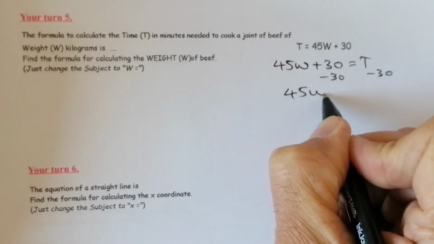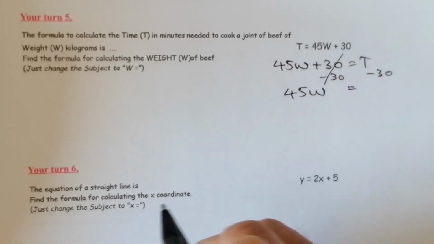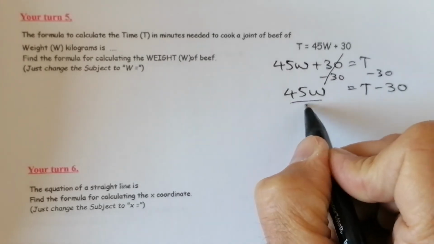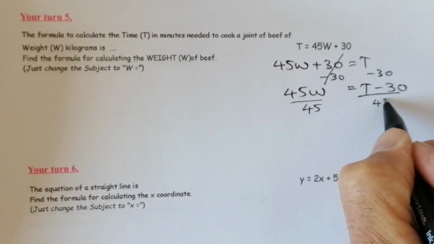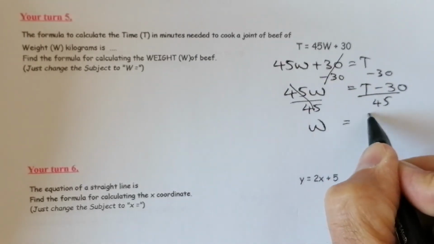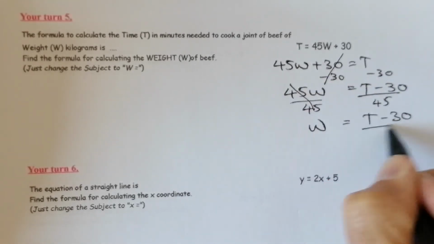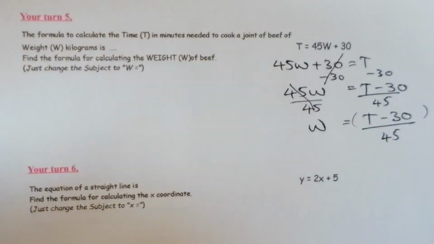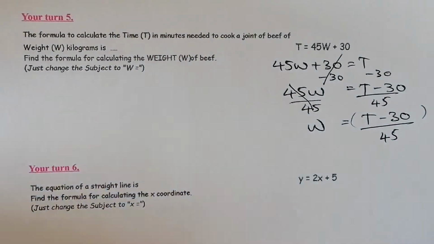So 45W is equal to, these are eliminated, t minus 30, and I'll just divide each side by 45, and that should give me my answer. So W, because they're eliminated, is t minus 30, all divided by 45, and you might see that in a bracket sometimes. That's the way that one works out for us.